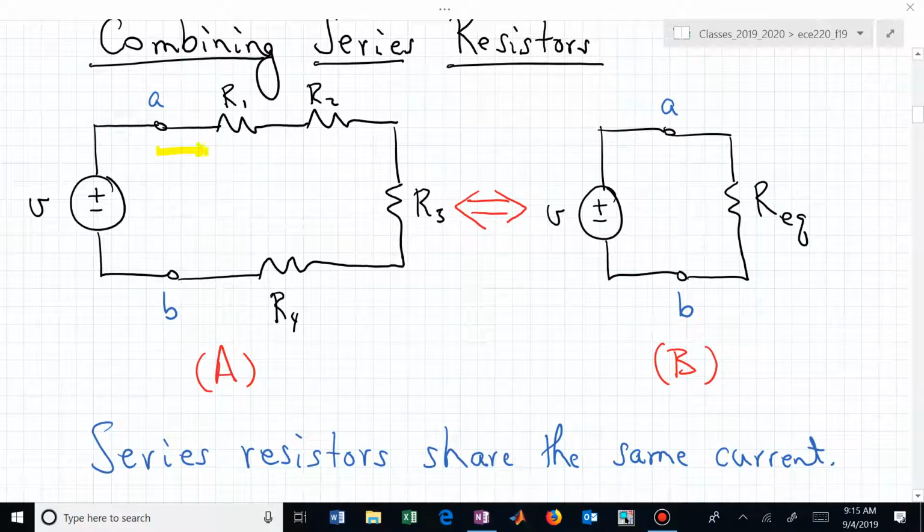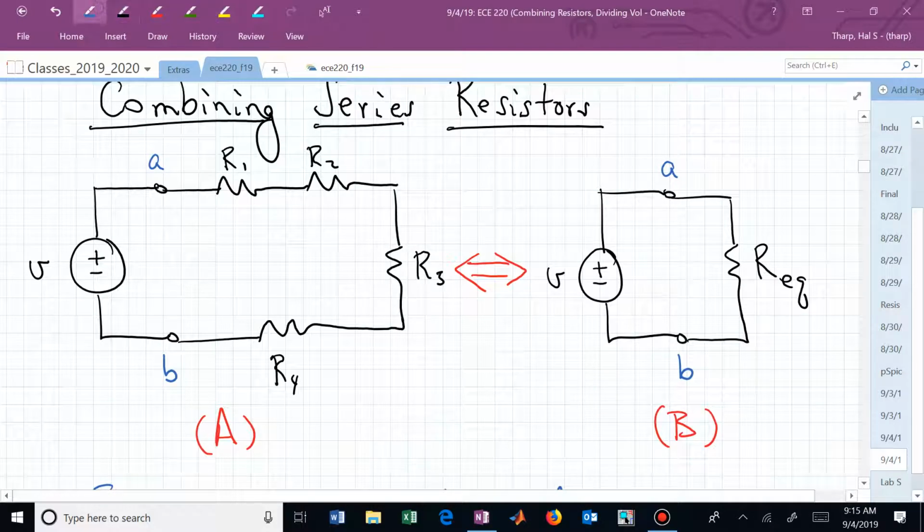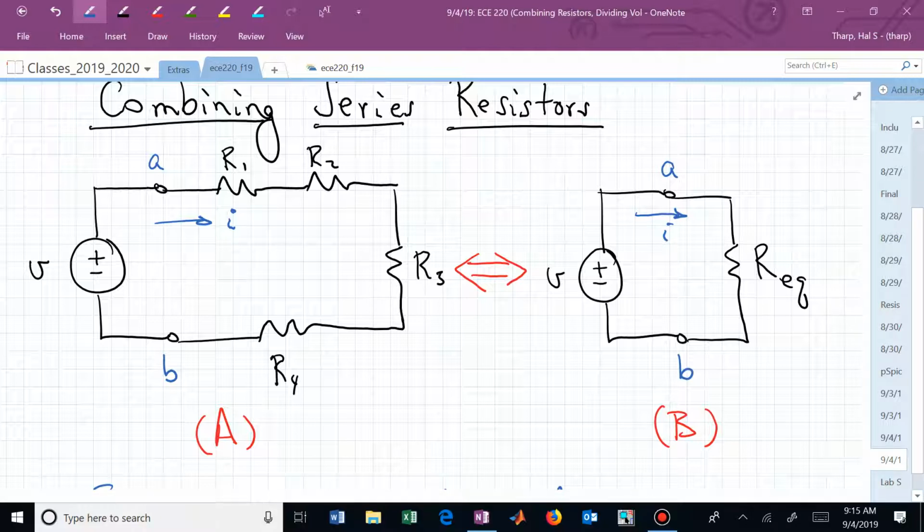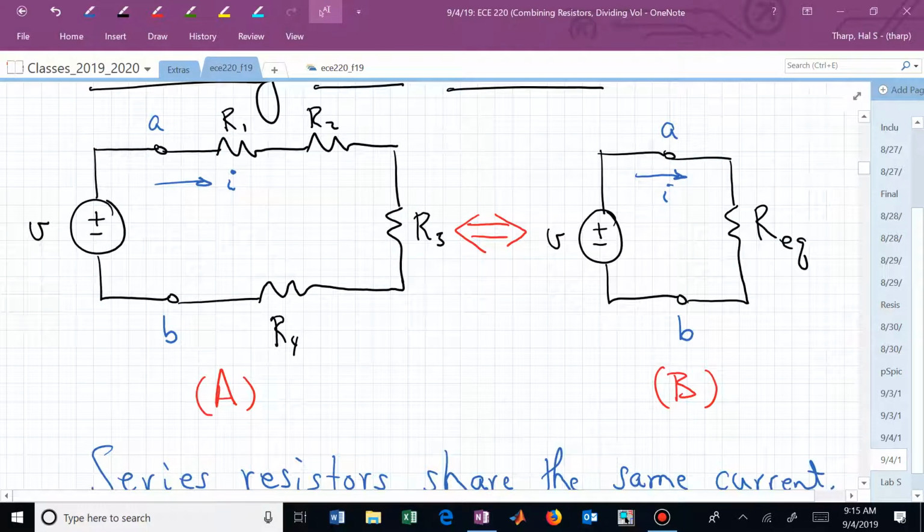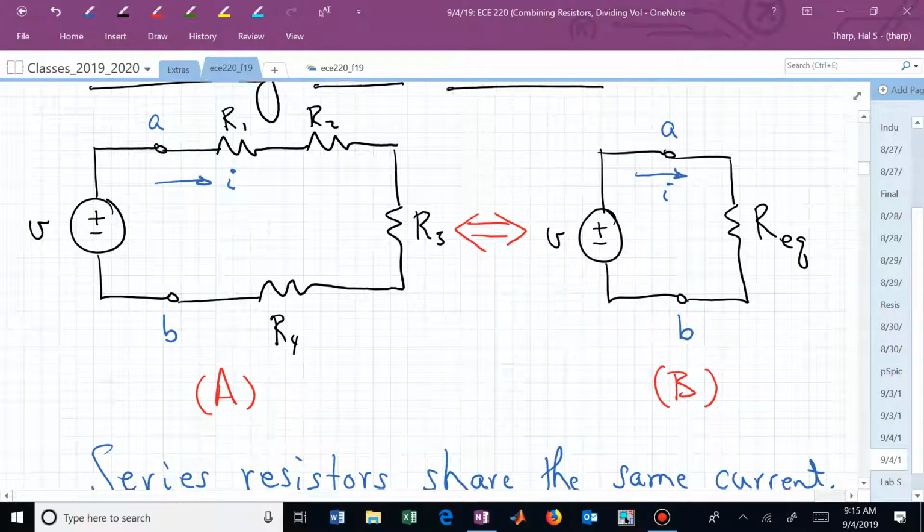In this case, the current I is the same through all resistors, R1, R2, R3, and R4. If the circuits are equivalent, the I in circuit A better be the same as the I in circuit B, if those two are supposed to be equivalent networks or circuits.